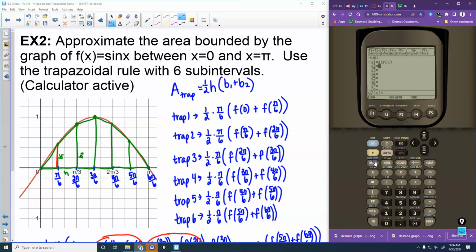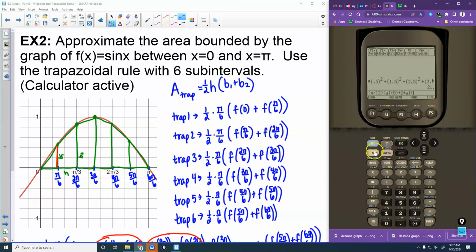Alright, so if we go back here to our home page, we could do y1 of 0, oh wait, I messed up. That's supposed to be 0, isn't it? 0 right there.